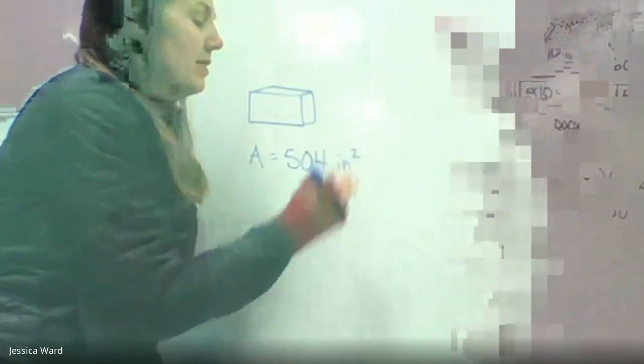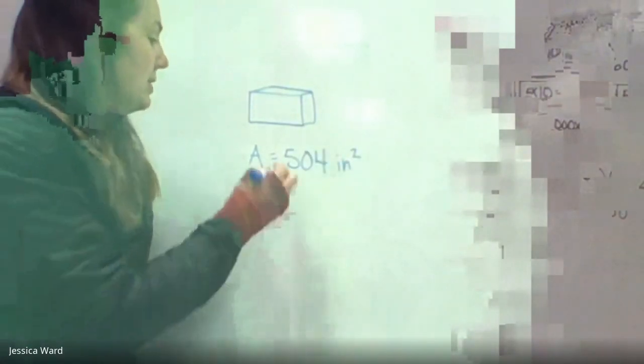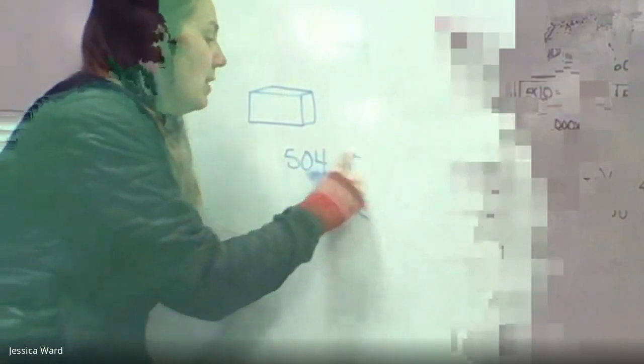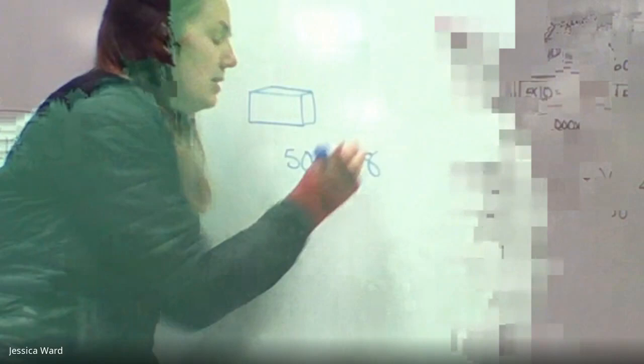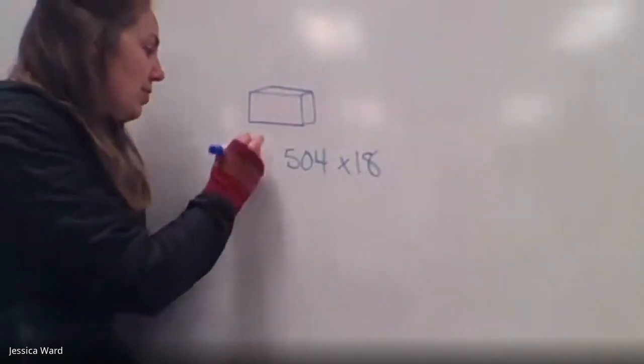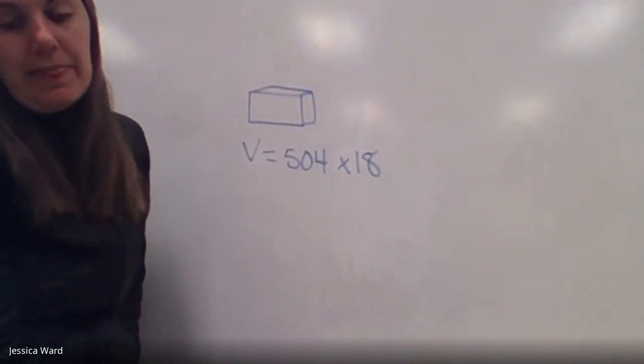Okay, so that's the length times the width. Its height is 18 inches. So we're going to take 504 and multiply it by 18. Right? What is the volume of the storage bin? So our volume is going to be 504 times 18.